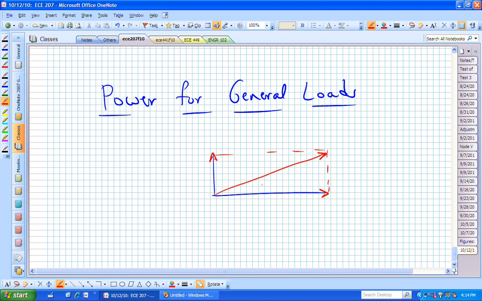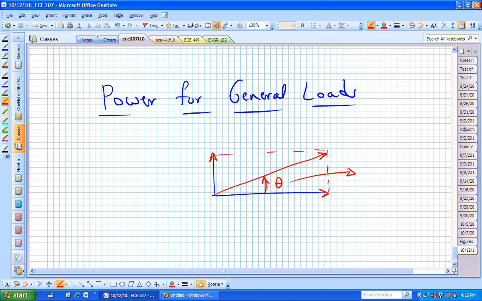Here's the real part. Here's the reactive part. The power company is going to keep track of that angle, which basically gives them a feel for the relative relationship between the real part and the reactive part or imaginary part. And this angle is going to give rise to a power factor, which we'll introduce in a minute.